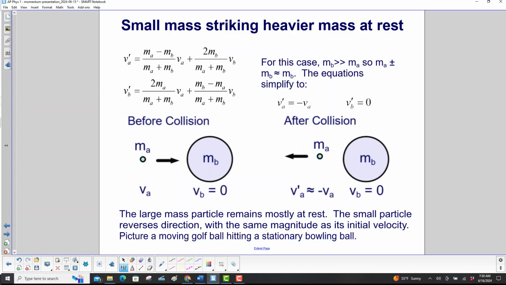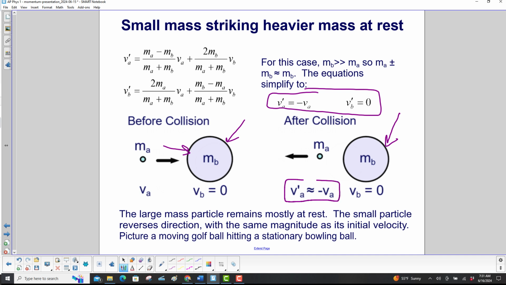For this case, MB has a greater mass than MA, much greater. So MA plus or minus MB is approximately MB. This time the equations simplify to these two. So the heavy object barely moves, the large massive object doesn't move, and the lighter object hits with a velocity VA and then keeps the same speed but in the opposite direction.